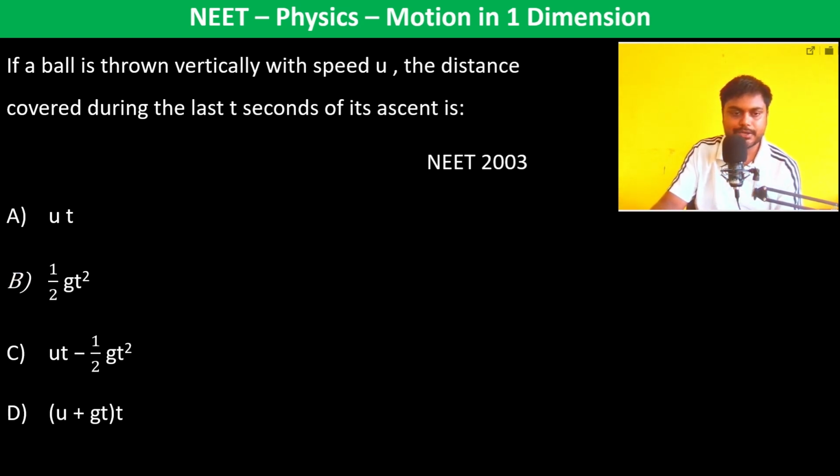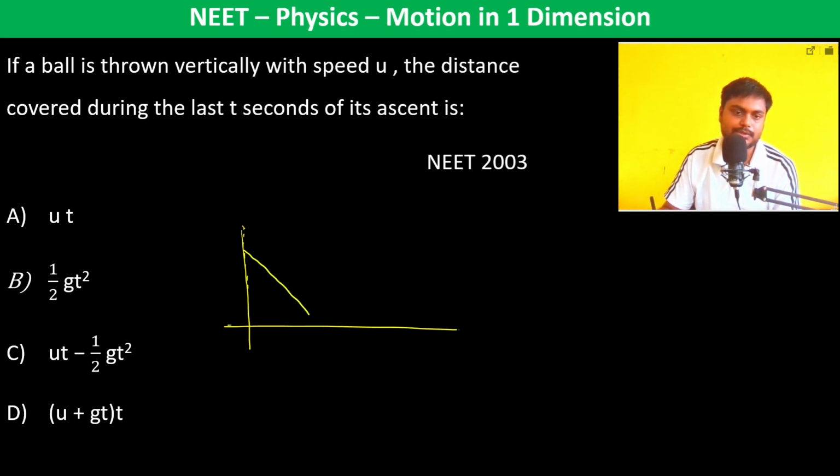We can also find this by the velocity time graph. The velocity time graph is going to be something like this. It started with an initial velocity u, and at time t ascent it reaches a velocity 0.